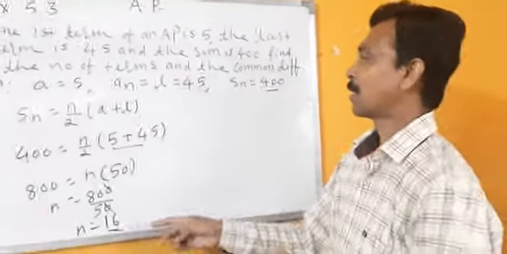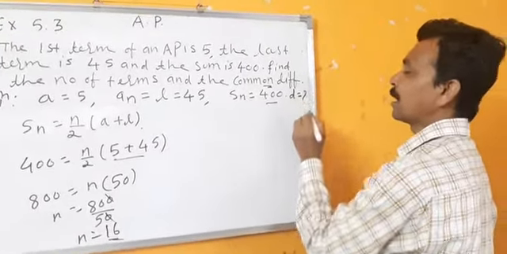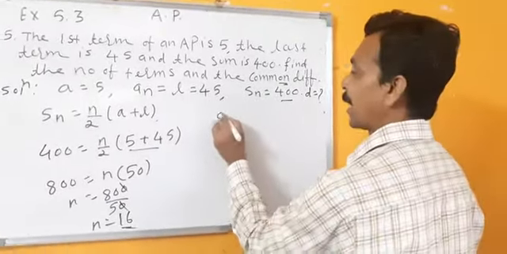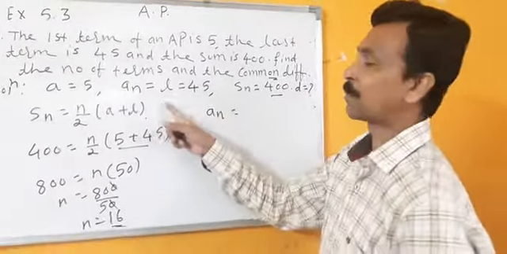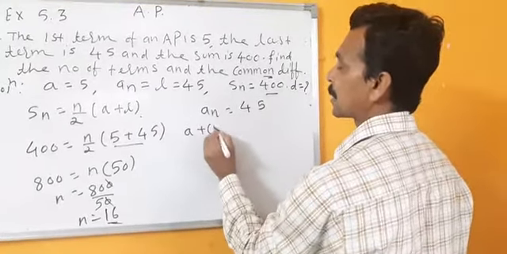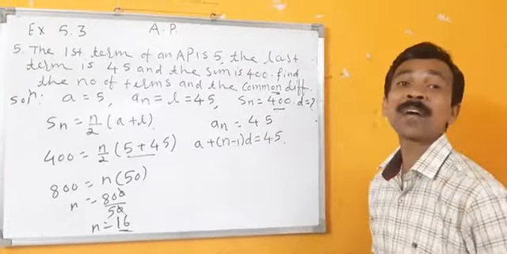Now we got n. We have to find the common difference. For that I will use the formula for AN. AN is given to us. AN means last term. AN is 45. AN is A plus N minus 1 into D is equal to 45.